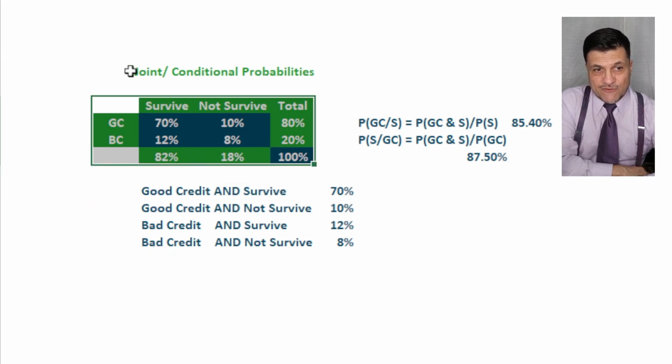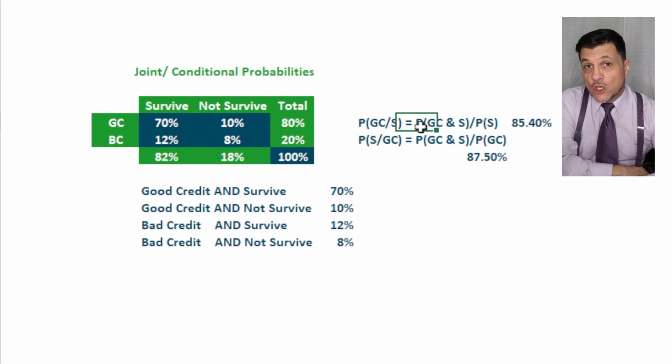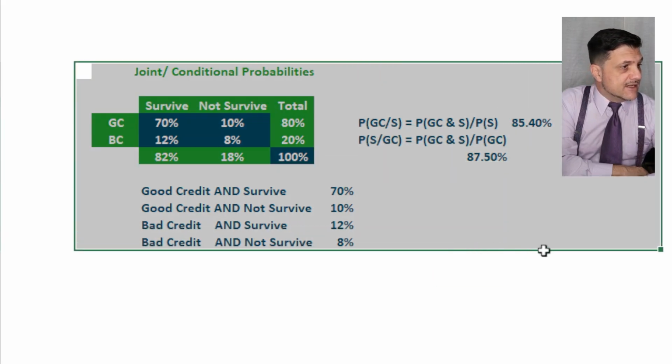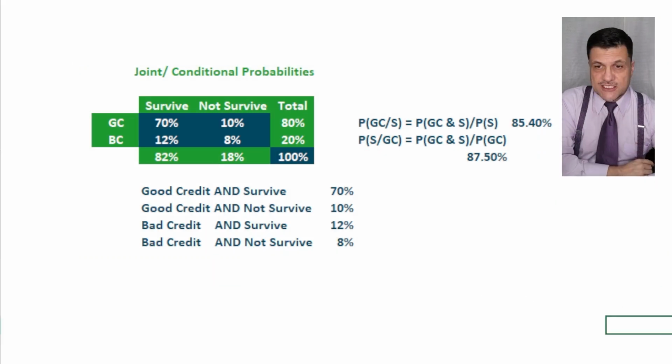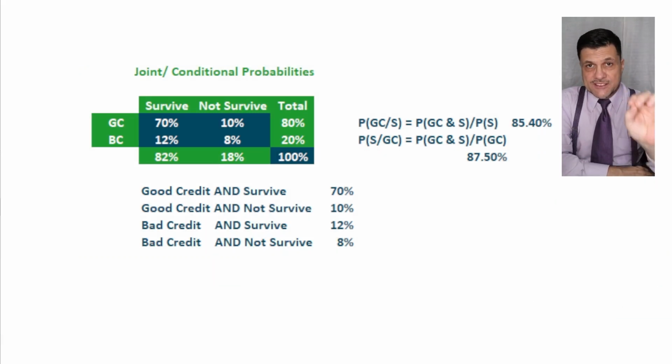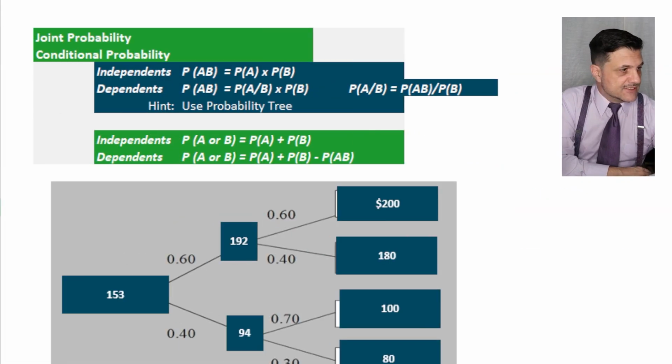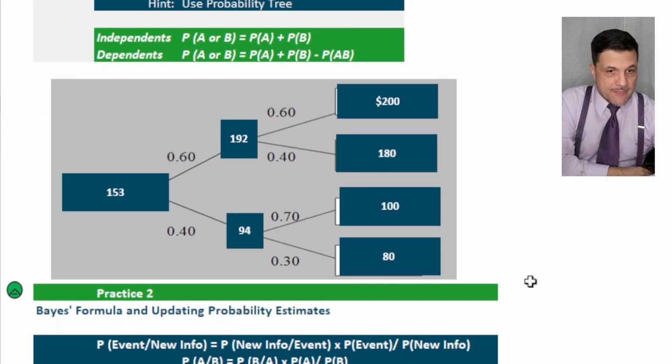From the joint, I can find the conditional. All right? Good. I hope this was helpful, because understanding this concept that I just explained here will make it easier for you, in my opinion, to understand the Bayes formula, which is the one we're going to see now. All right.